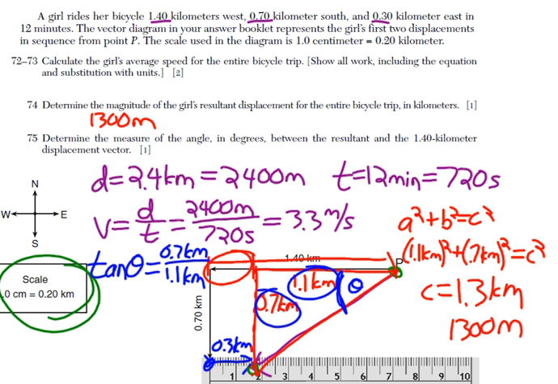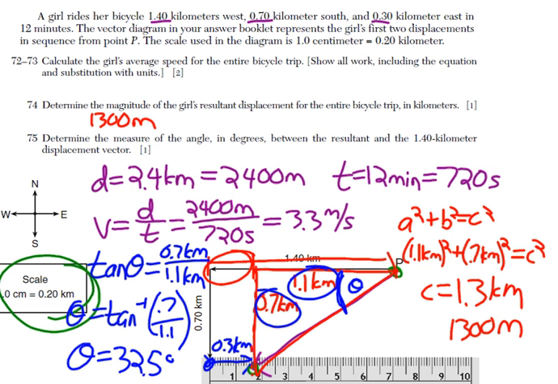All right, so to put that in the calculator, we do inverse tangent of 0.7 over 1.1. All right, and make sure your calculator is set into degree mode, and we should get theta equals 32.5 degrees.